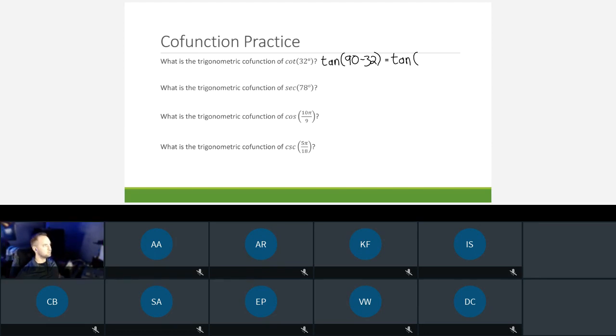Yep, sounds right. So if that is the cofunction, and they're equivalent, should 1 divided by the tangent of 32 equal tangent of 58? I think so. Someone type that in.